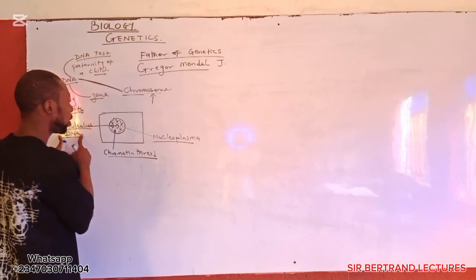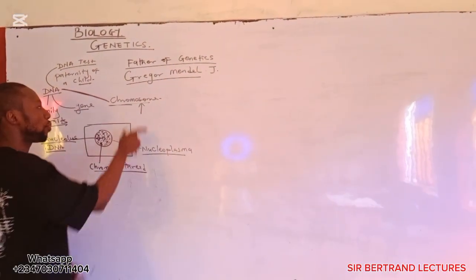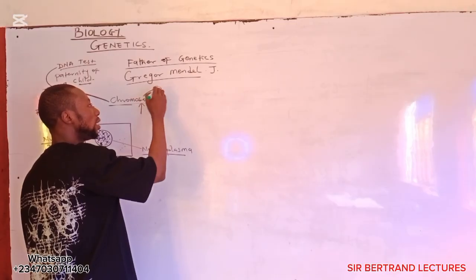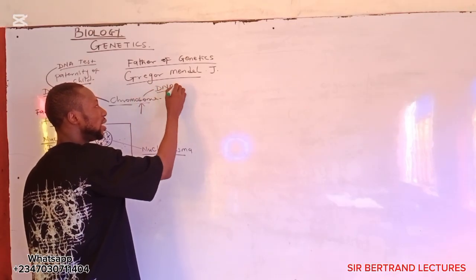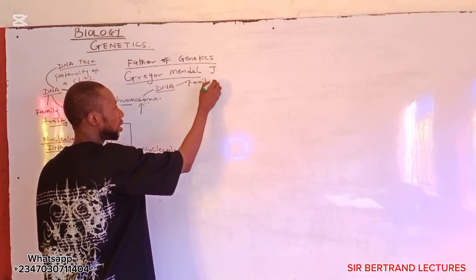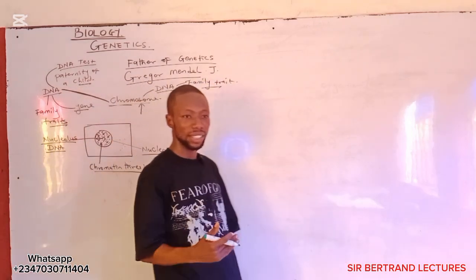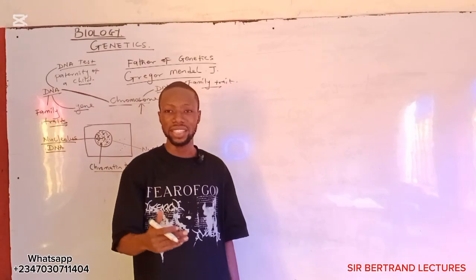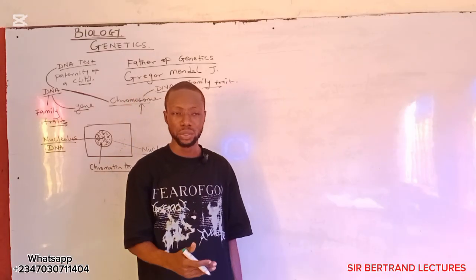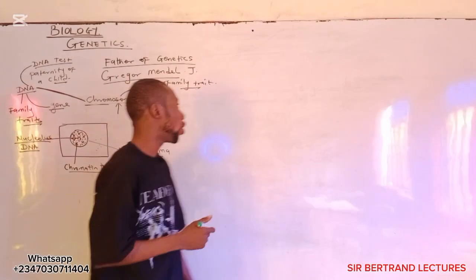And since the nucleolus condenses with the nucleoplasm and the chromatin thread to form this, that also shows that the chromosome contains the DNA which carries the family traits, right? And that is why you can say that the chromosome contains the genetic or hereditary materials, which I described on the board as family traits. All right.